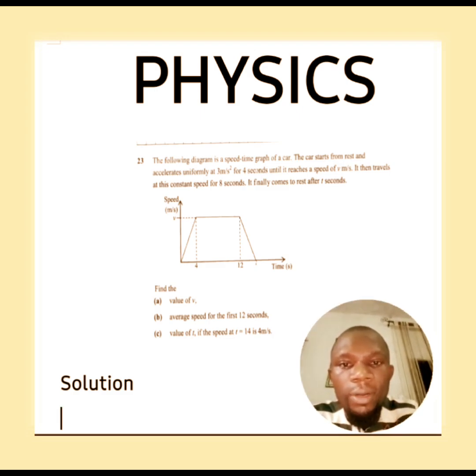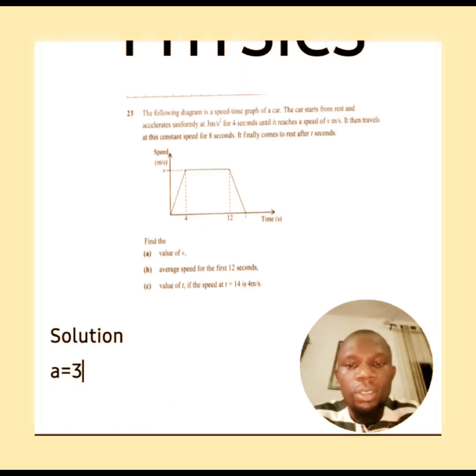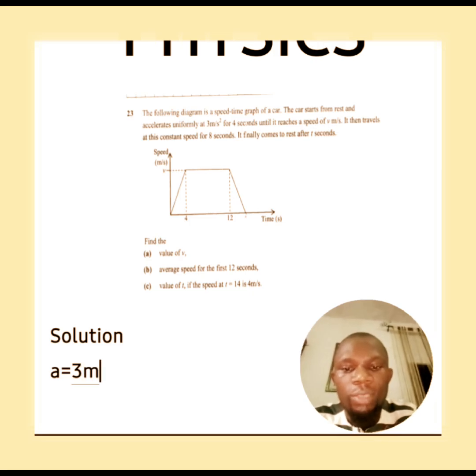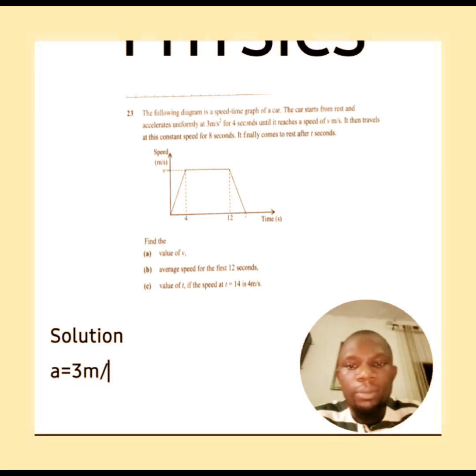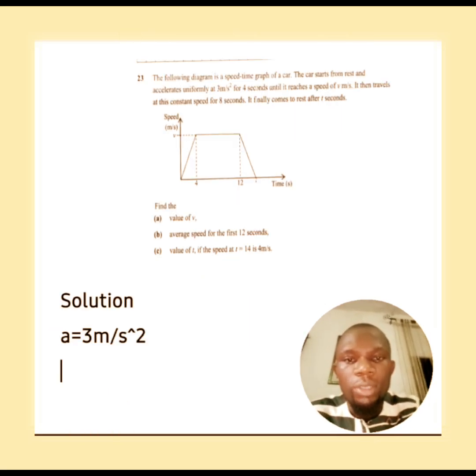The following diagram is a speed-time graph of a car. The car starts from rest and accelerates uniformly at 3 meters per second squared. That means the acceleration is given to us: a is equal to 3 meters per second squared, for 4 seconds.